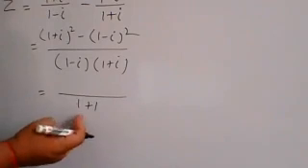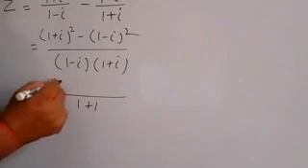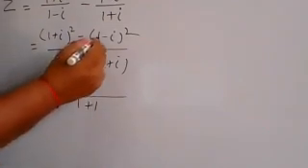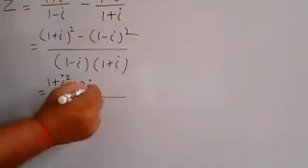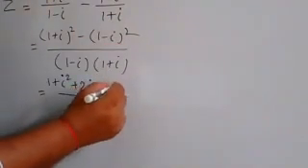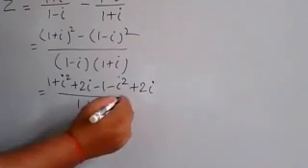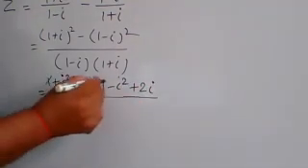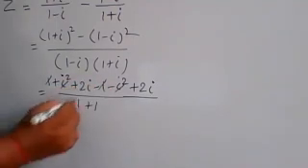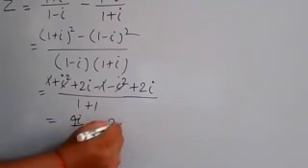In the numerator you have 1 + i² + 2i, and due to the negative sign, −1 − (i²) + 2i. So 1 minus 1 cancels out, i² minus i² cancels out, and you have 4i upon 2, that is equal to 2i.